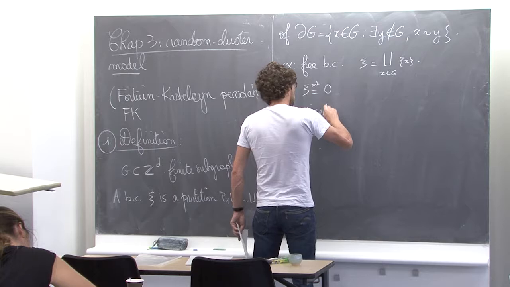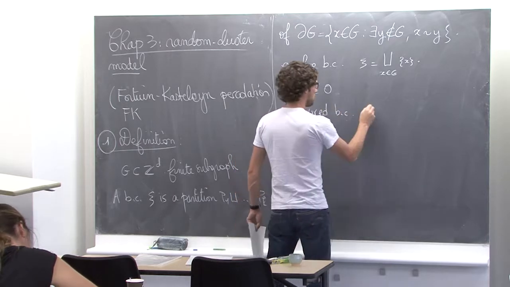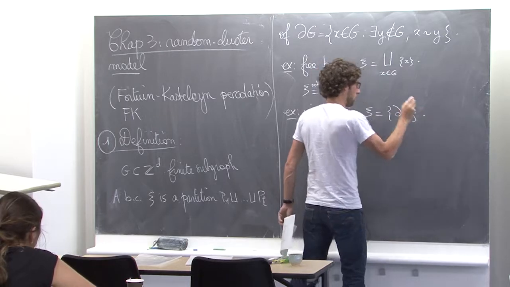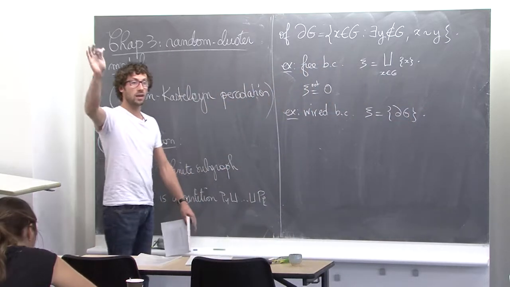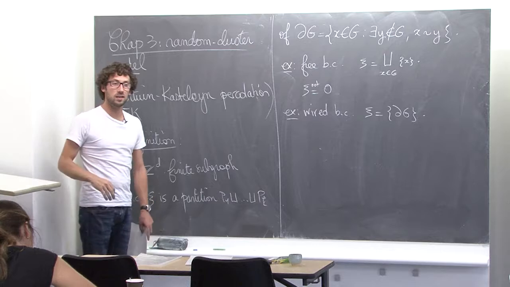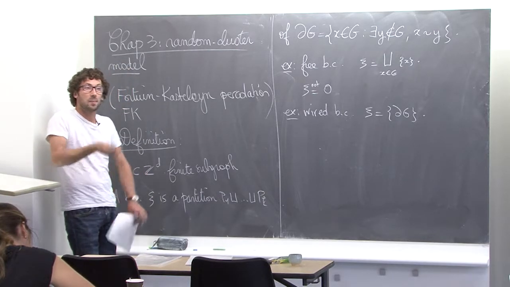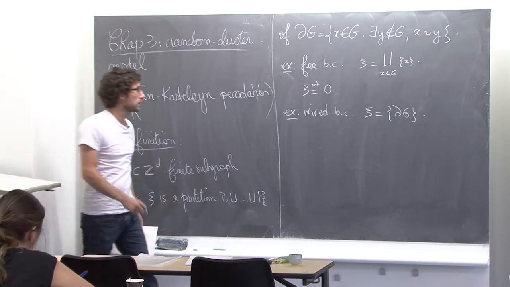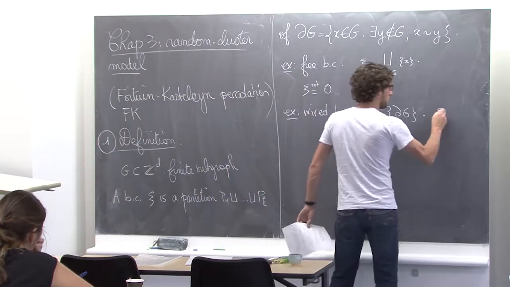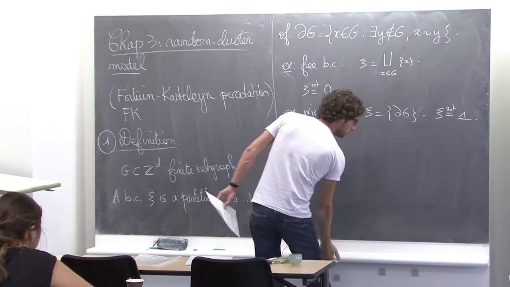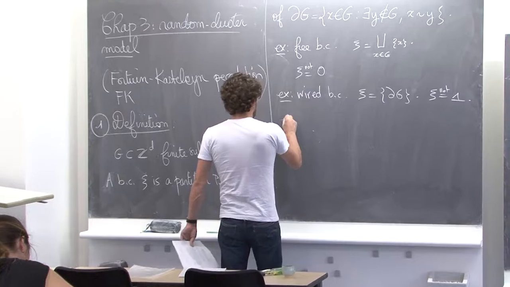I can also define the wired boundary conditions. So wired boundary conditions are just, well, the partition is just one guy, everybody in my boundary. That means everybody is connected a priori, from outside the graph. And there the notation is going to be written 1, wired boundary conditions.